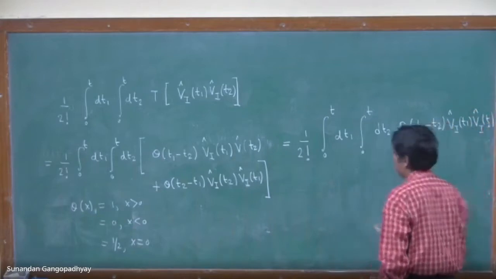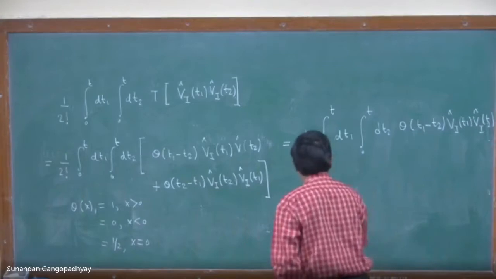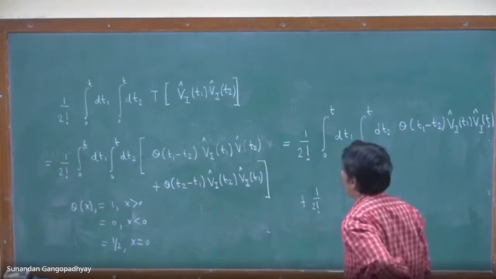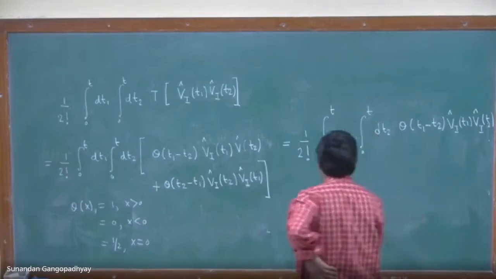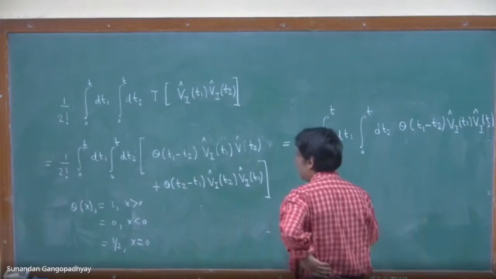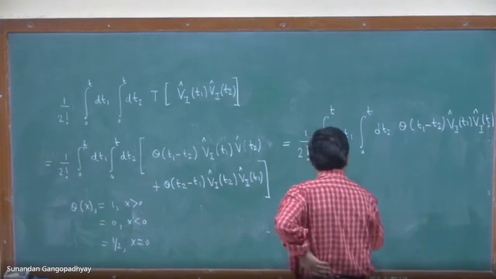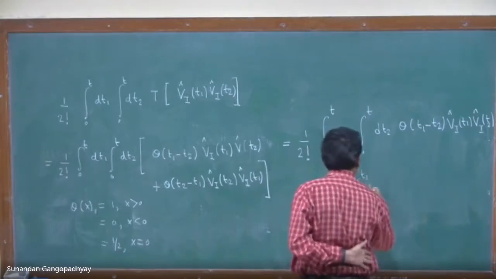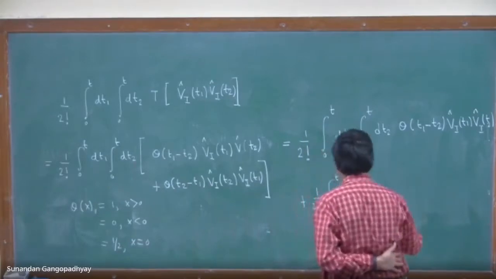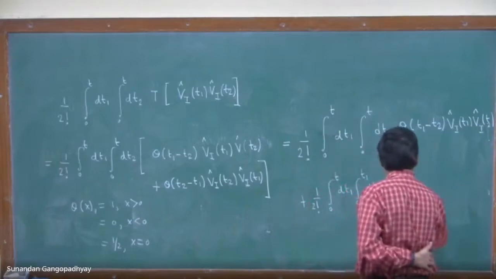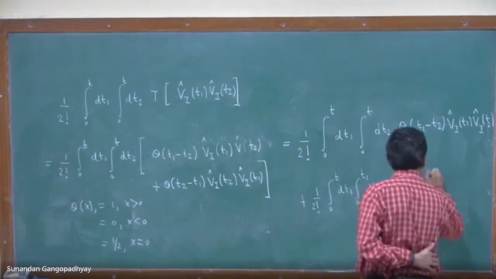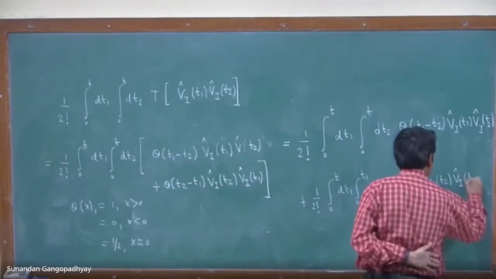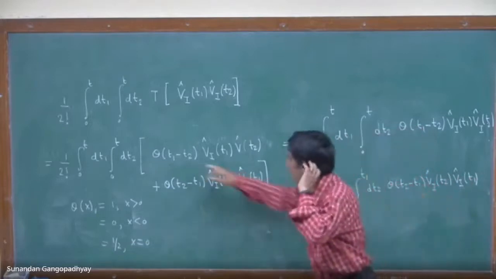I will write down the second term. Plus the second term is again 1 by 2 factorial, integral 0 to t dt1, integral 0 to t1 dt2, theta of t2 minus t1, V hat I t2, V hat I t1. So I have done nothing. I have basically broken this up into two terms.